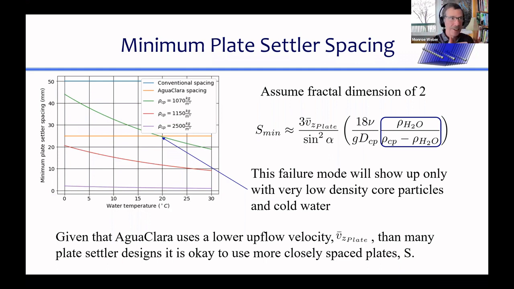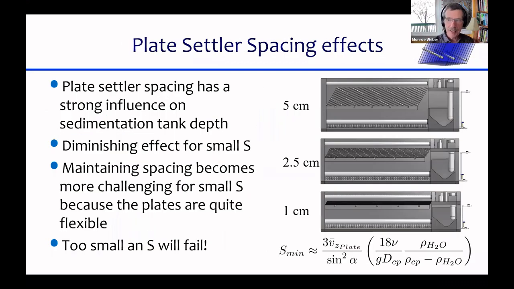And this is where there needs to be more work to characterize what the core particle density is that you're trying to remove as a function of the raw water quality. More work to be done. So anyway, we use 2.5 centimeter spacing. That's the plant that I have here in the middle of the slide.